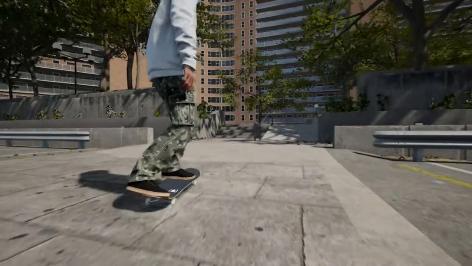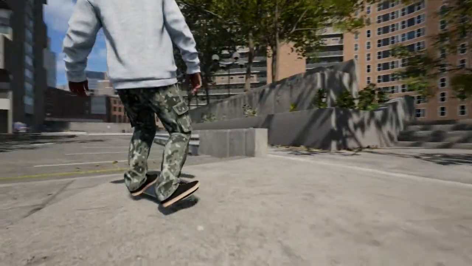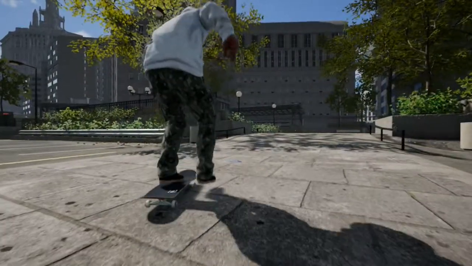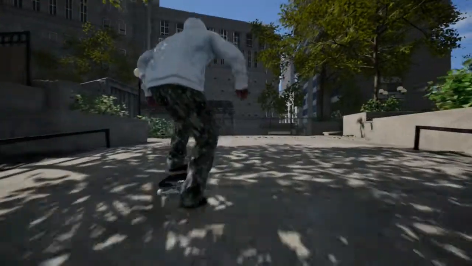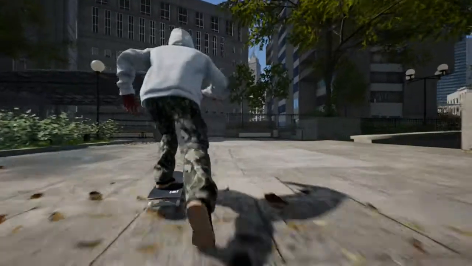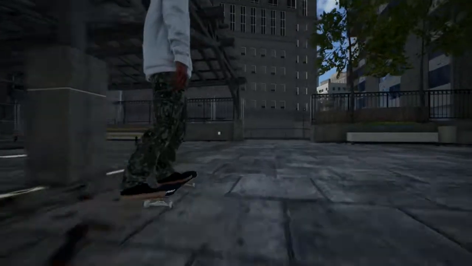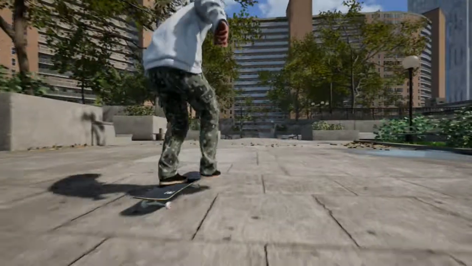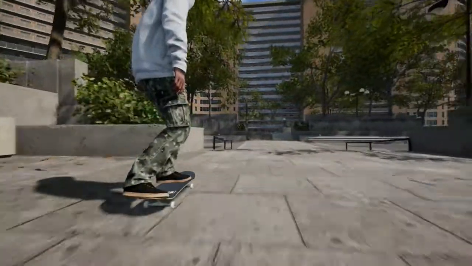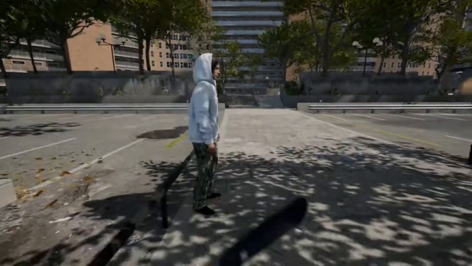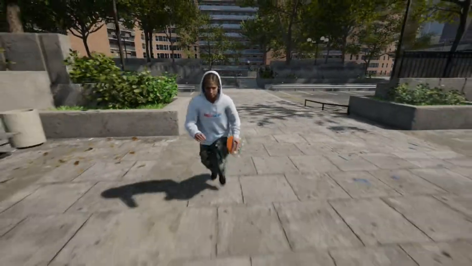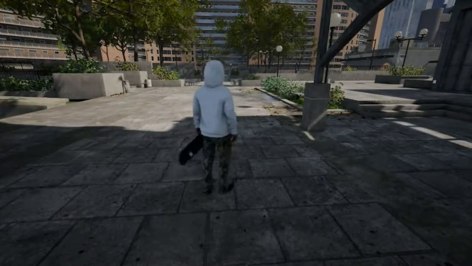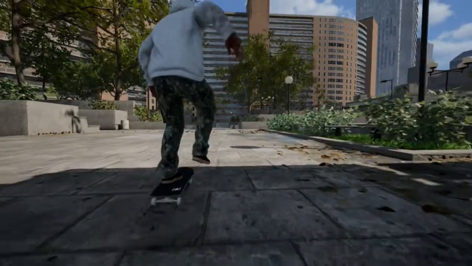But yeah, as far as like the spring back tricks, or the way you would maneuver the stick to let it just kind of go back in place and it would do the ollie, whereas in this one you have to, you're already holding down on the right stick, but then you have to flick it up to actually do the ollie. I think if it was like a spring back approach like in the other games, it'd be a little bit easier to use.